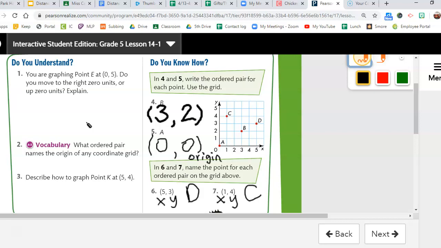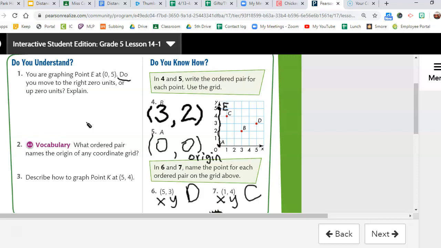So if I go over 0, that means I stay right here at 0. I don't have to move over at all because I am staying at point 0. Then I am moving up 5. So there is my point right there. That would be point E that they're talking about. Okay? 0, 5 means I go over 0 and I just go up 5.